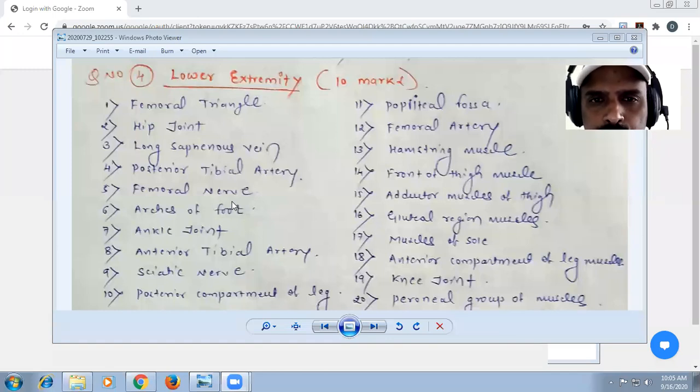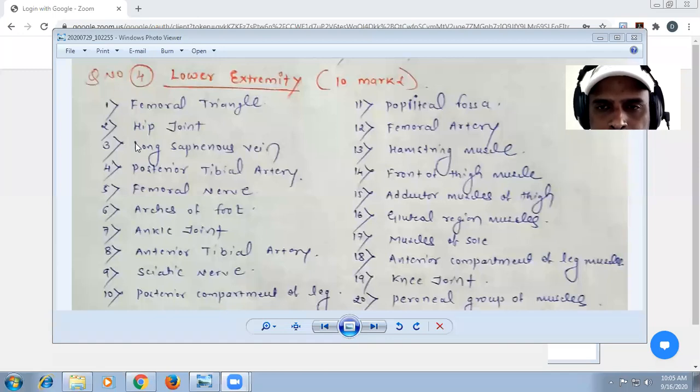Then comes the posterior tibial artery. As you have come across here, that is the anterior tibial artery, this is number 8, anterior tibial, like that posterior tibial. I have told the popliteal artery divides into anterior and posterior tibial artery, that you have to remember. I have repeatedly told, long saphenous vein and short saphenous vein are commonly asked.